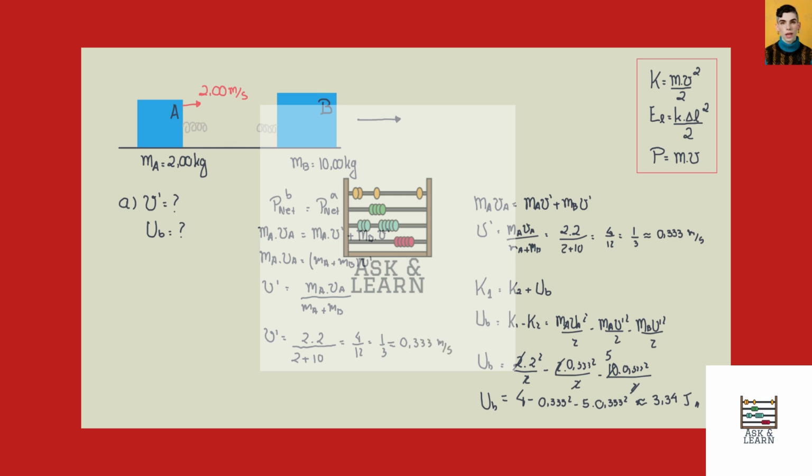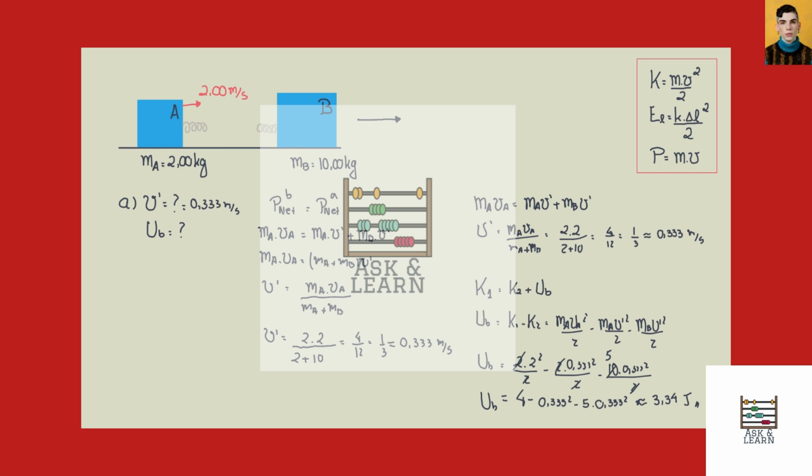Note that I have rounded this result to 3 significant figures, since we always had 3 significant figures throughout the problem. Then, when the spring is compressed to the maximum, the velocity of both blocks is 0.333 meters per second. Now we have to evaluate what is the maximum energy stored in the bumpers.